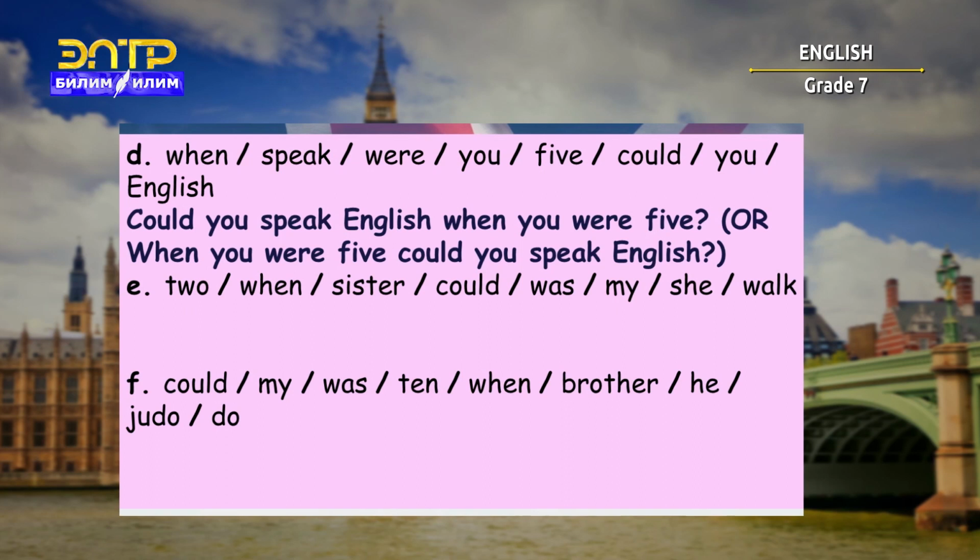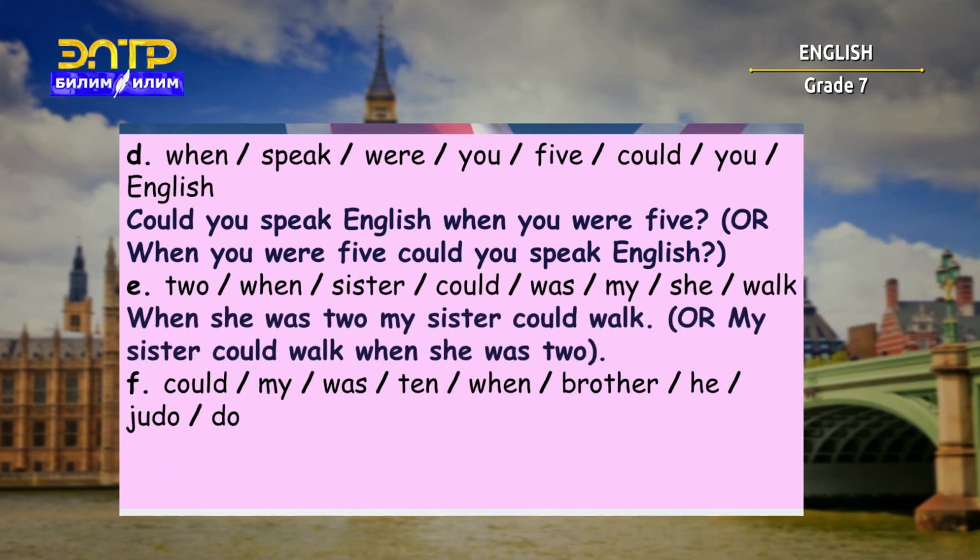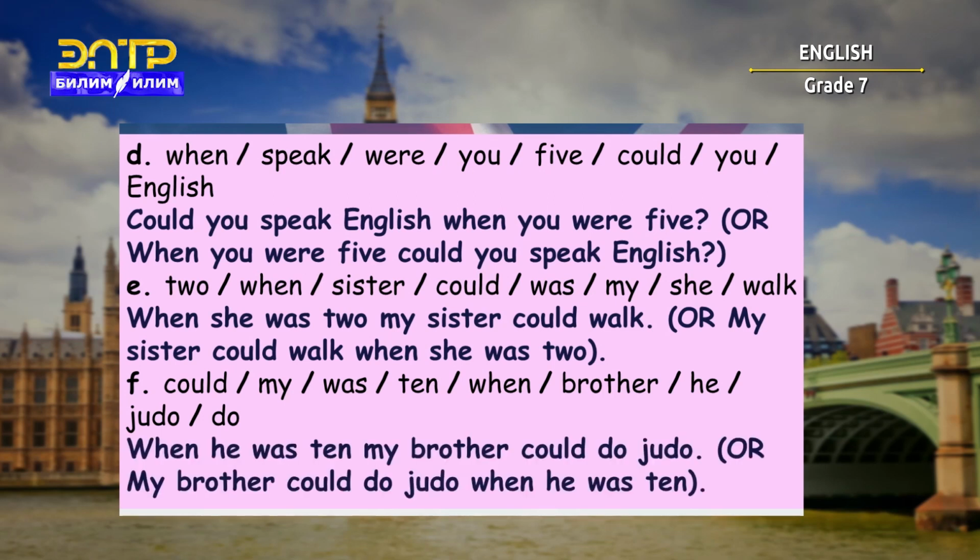Here, the right answer is: when she was 2, my sister could walk, or my sister could walk when she was 2. So let's do the last one. When he was 10, my brother could do judo, or my brother could do judo when he was 10.